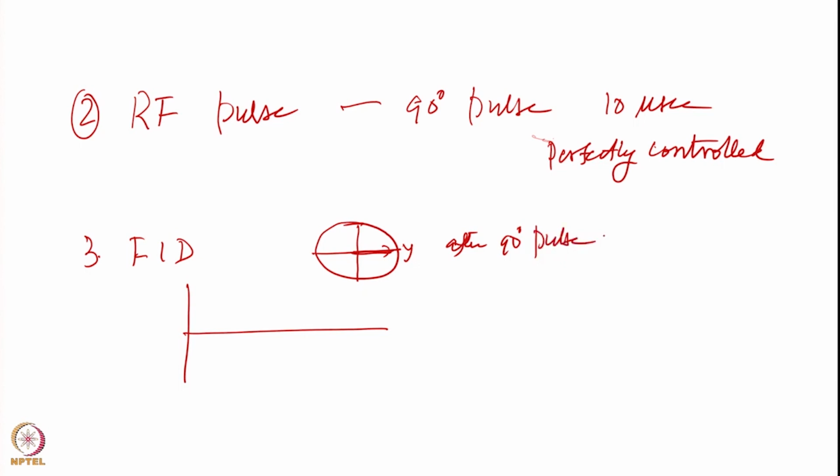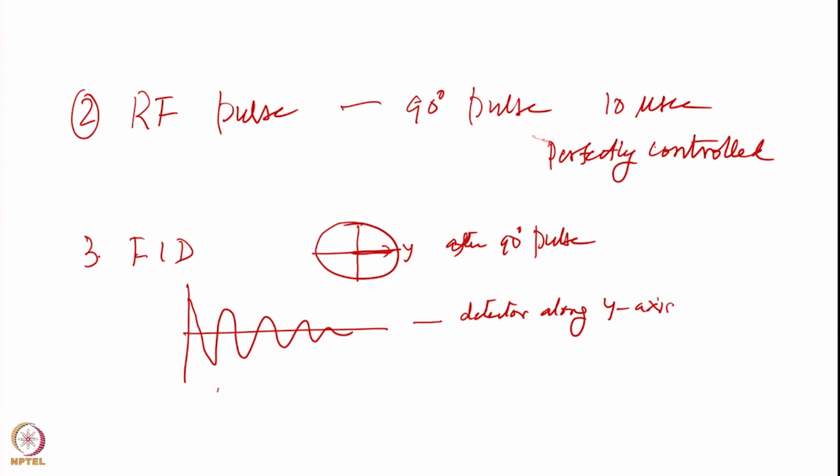Now, depending upon where I put the detector, along the y axis or along the x axis, suppose I have one detector, I put it along the y axis. Then my FID will look like this. Okay. So this is detector along y axis.